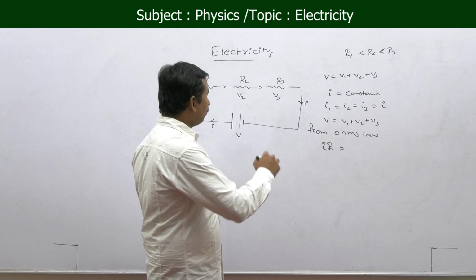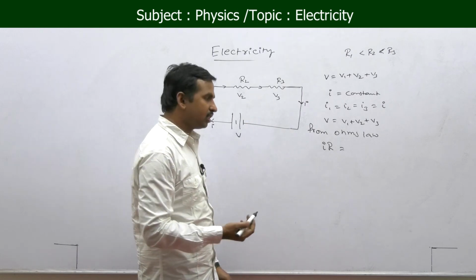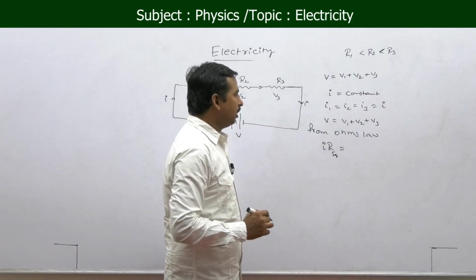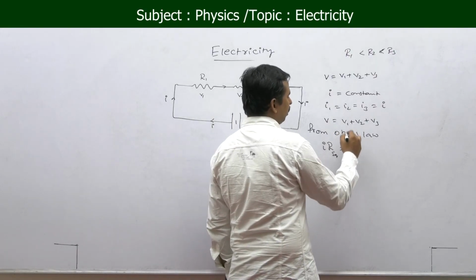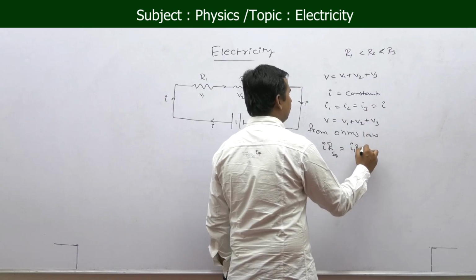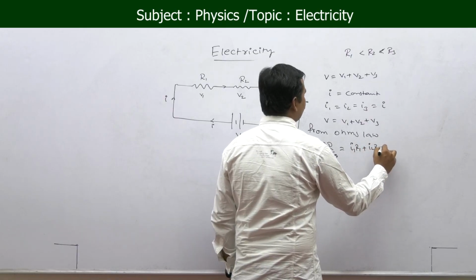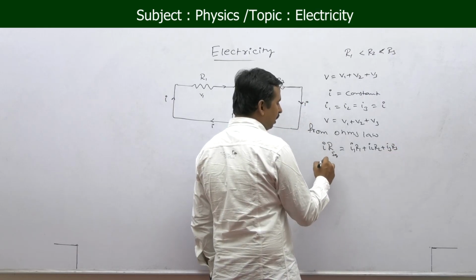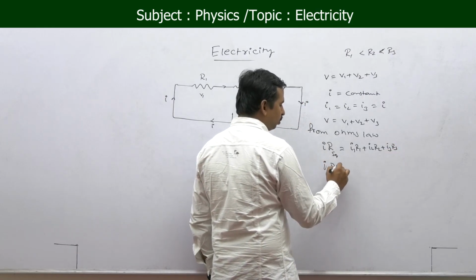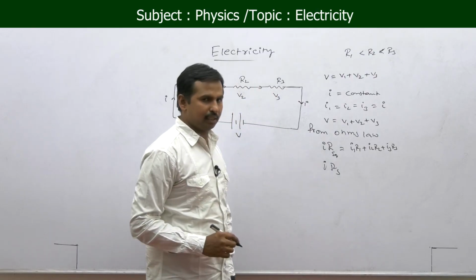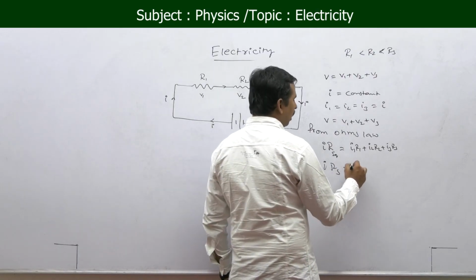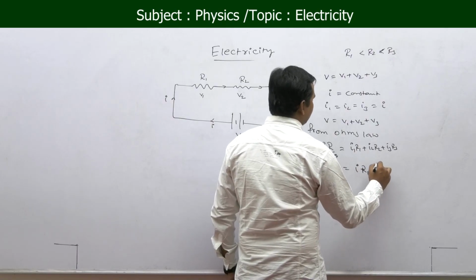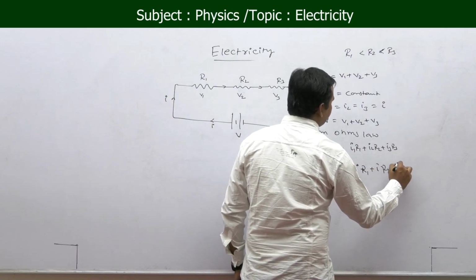So the combination of all three resistances, the equivalent resistance when connected in series, gives I R equal to V1, that is I1 R1, plus V2, I2 R2, plus V3, I3 R3. So I times R_eq, the equivalent resistance in series, is equal to I1 equal to I, I2 also equal to I, and I3 also equal to I.